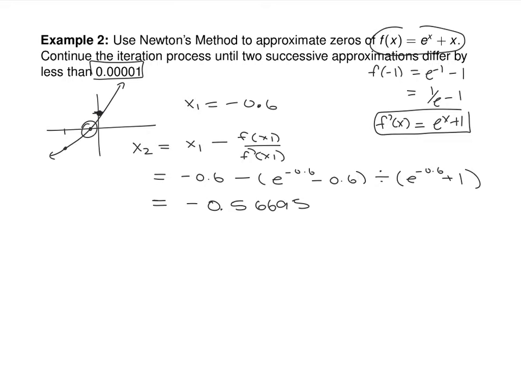It's okay if you're still punching. Okay, so then how would you find x3? You'd plug in x2 minus f of x2 over f prime of x2. I should just tell you what I got for that. I got negative 0.56714.